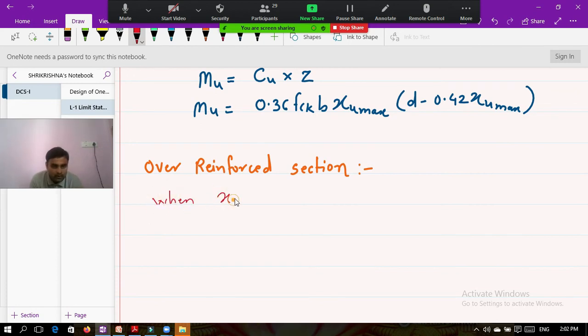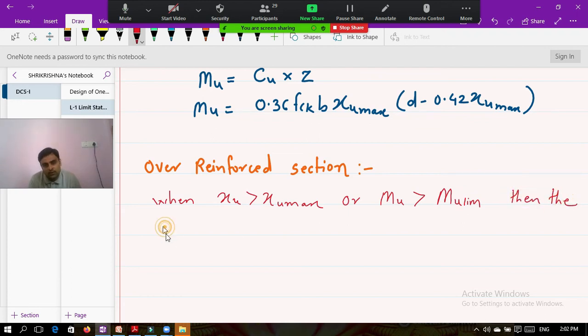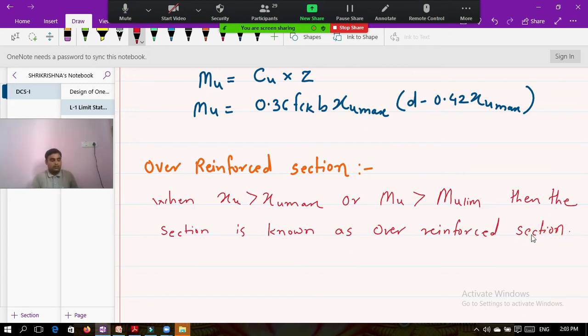When XU is greater than XU max, or Mu is greater than Mu limiting, moment of resistance, then the section is known as over reinforced section.